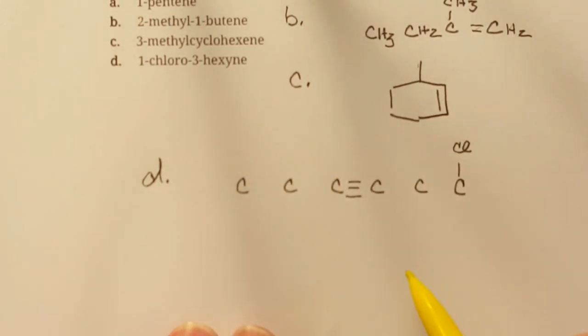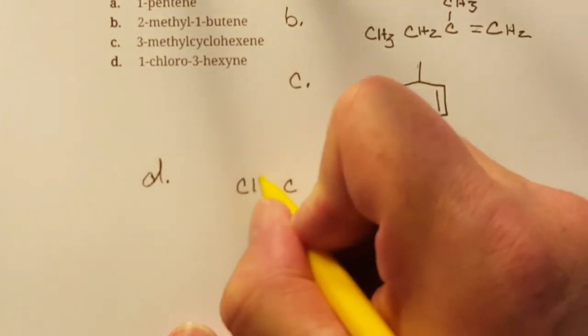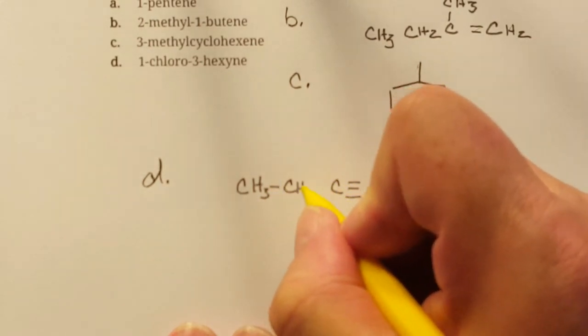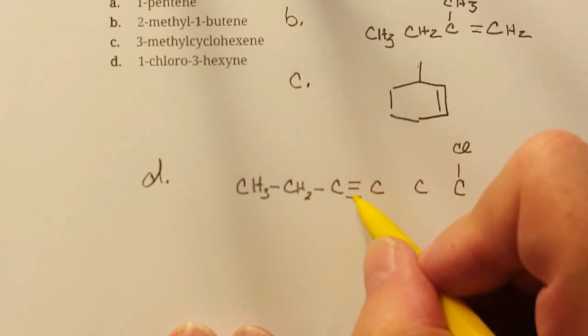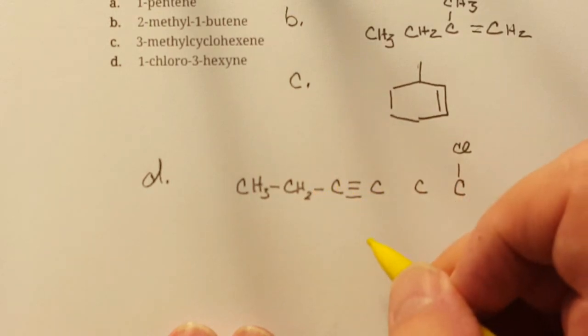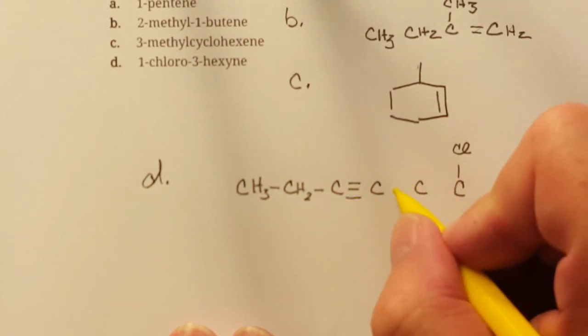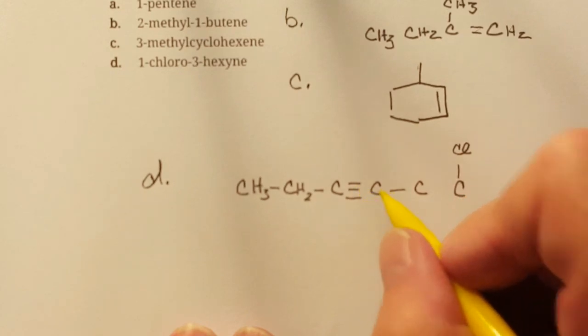No other substituents, no other triple bonds or double bonds, so we fill in with hydrogens. CH3, CH2. Now there are 1, 2, 3, 4 bonds to this carbon, so we don't need another hydrogen. There are 1, 2, 3, 4 bonds to this carbon.